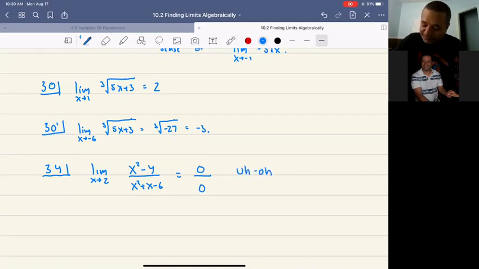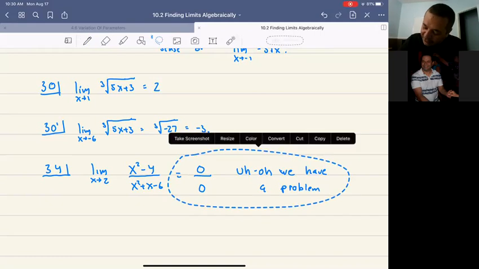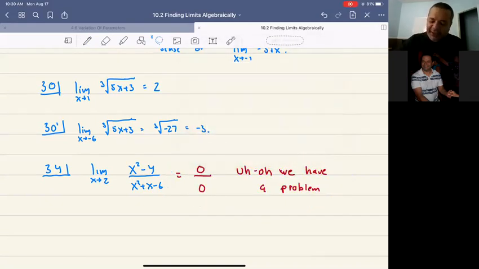There's a problem. Let's put this in red to say this means we have to do something else. Something else has to be done.